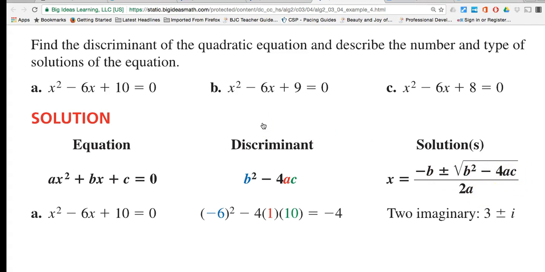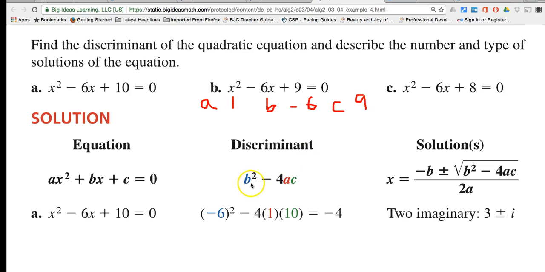For our second one, what we're going to do is calculate our values for A, B, and C. A is 1, B is -6, and for our C value, we get +9.